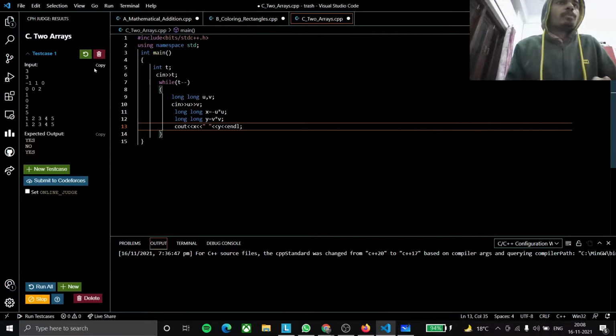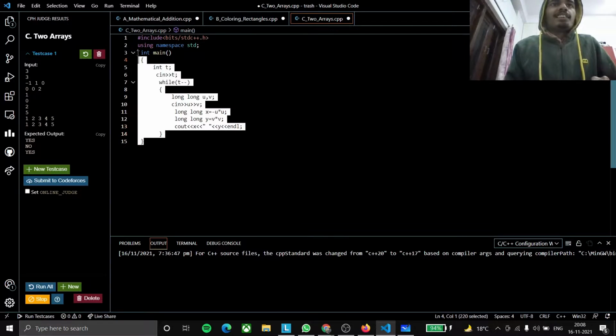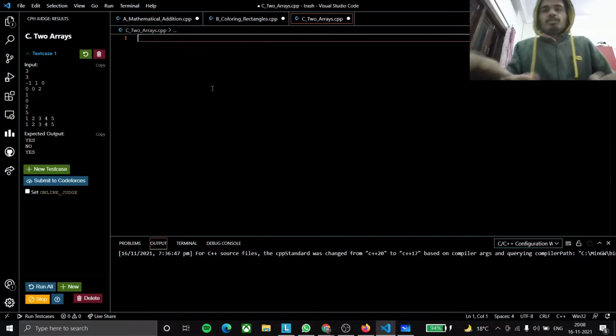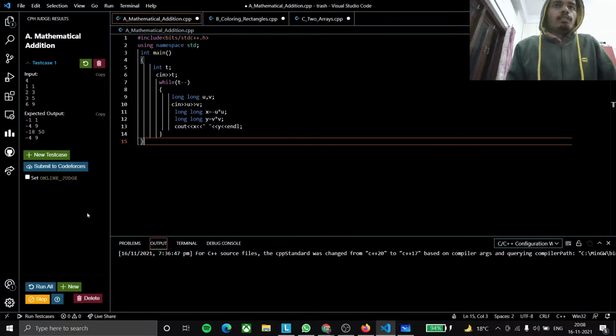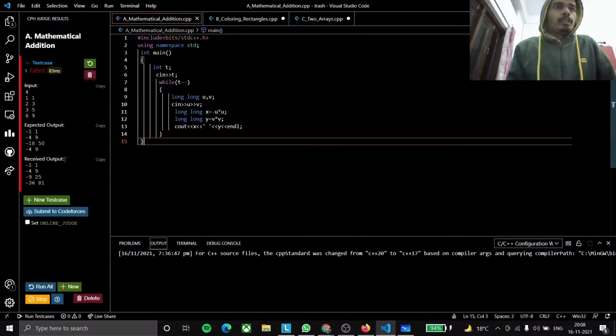I have been coding in the wrong file. No issue, I'll just copy paste here. Let's see whether we get the solution correct or not. Okay, minus 9 minus 25, no issue. It is just a multiple of 9 and 25, so no issue.